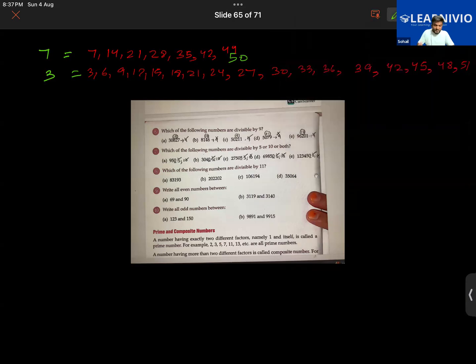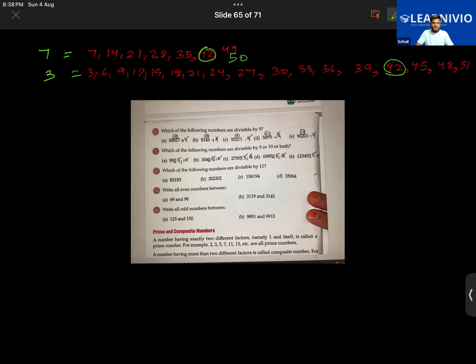So the number that is a multiple of both 3 and 7 and is less than 50 is 42. Can you see there's a number greater than 27? 42. So the answer for question number 4 is 42.